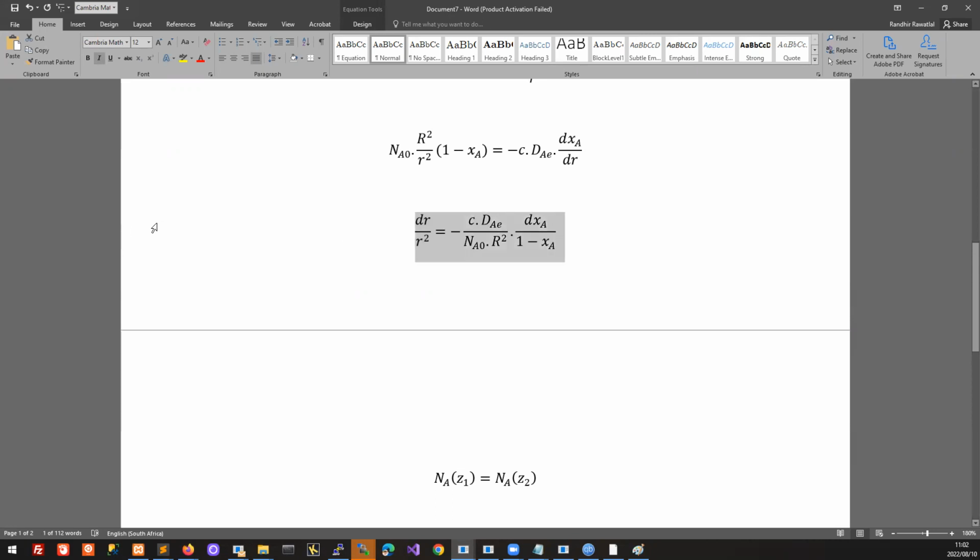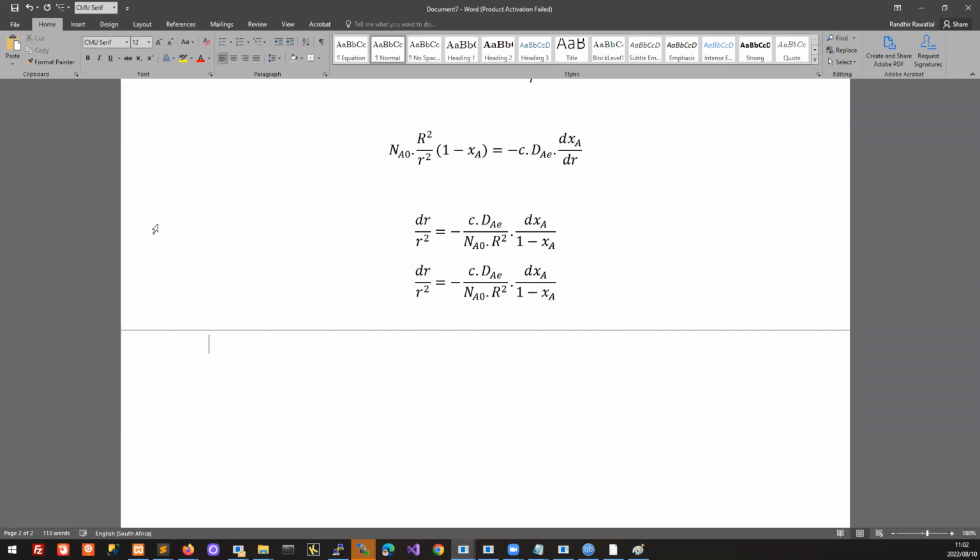So to do this integration, of course, the integral of 1 over R squared is going to be minus 1 over R. And this is between positions R0 and some R. And if you want to just check this, the derivative of 1 over R is minus 1 over R squared.